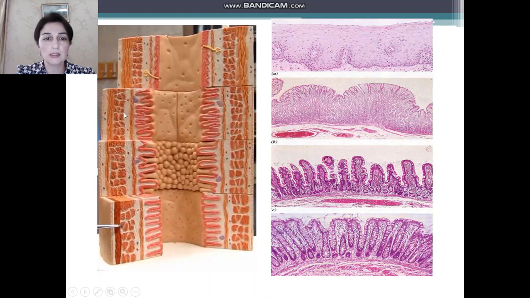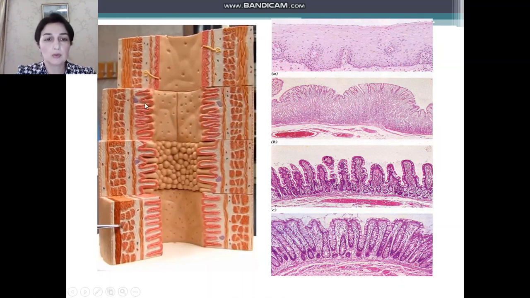The next component is the stomach, the lining of the stomach. In the stomach we will see pits on the surface, and from the stomach till the end of the anal canal, the alimentary canal is covered by simple columnar epithelium.